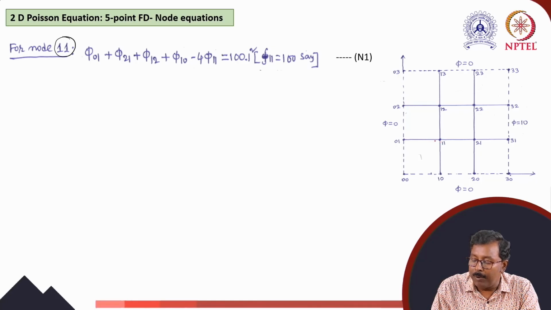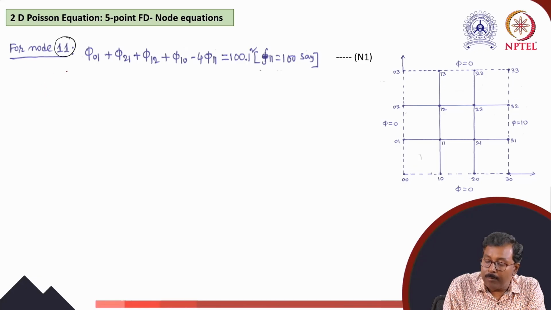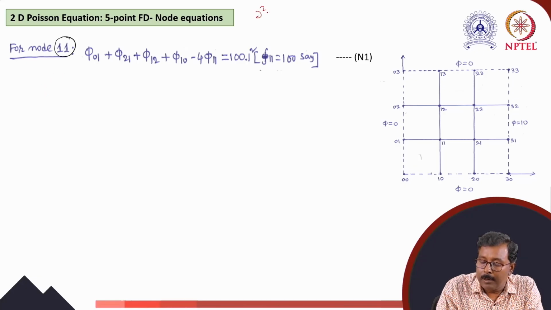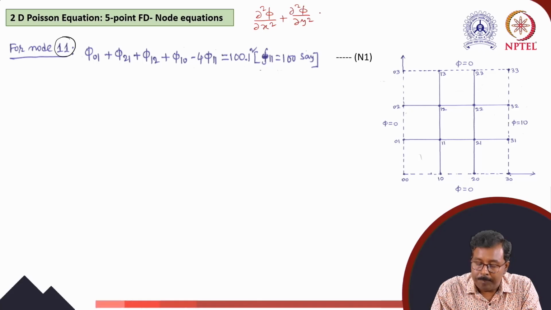It means del square phi del x square plus del square phi del y square will be equal to f of xy for node ij.